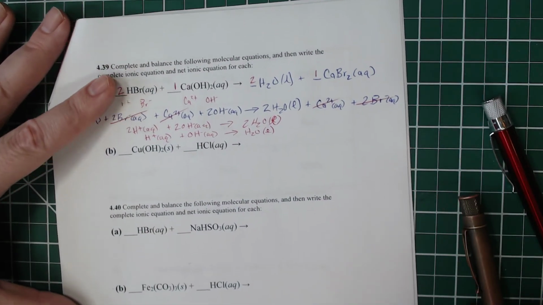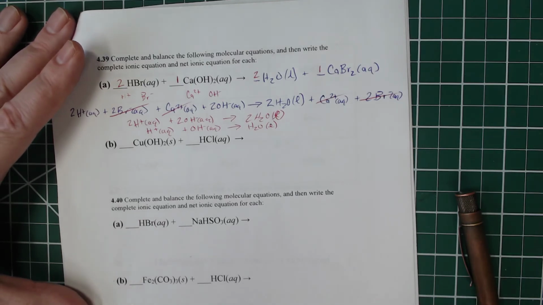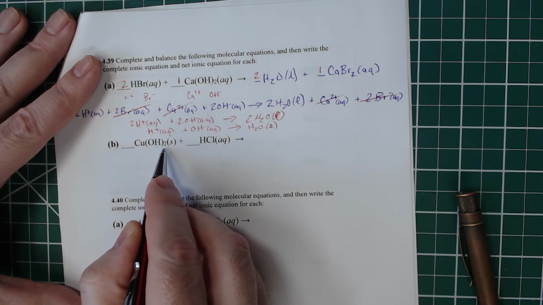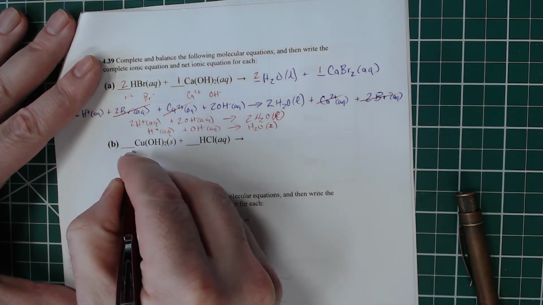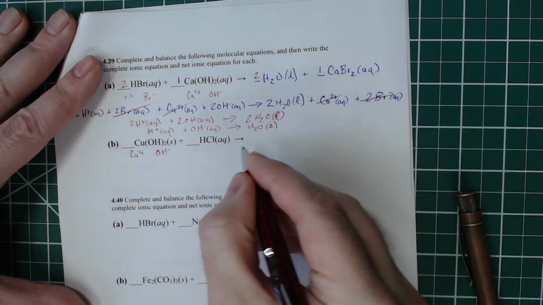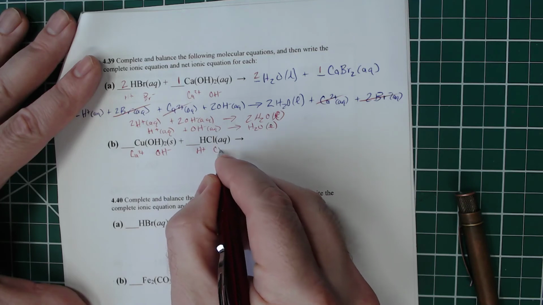Let's look at part B. And here we've got copper hydroxide, and you'll see that that's copper 2 hydroxide because of the 2 there. So I'm going to go ahead and put that here. So Cu2 plus hydroxide is -1. HCl dissociates to give us H plus and chloride.